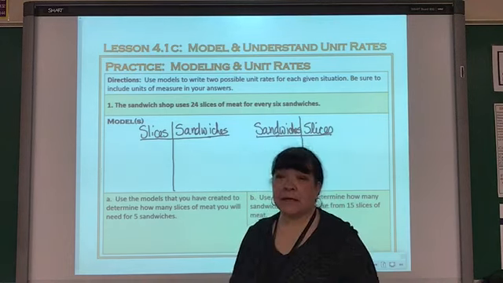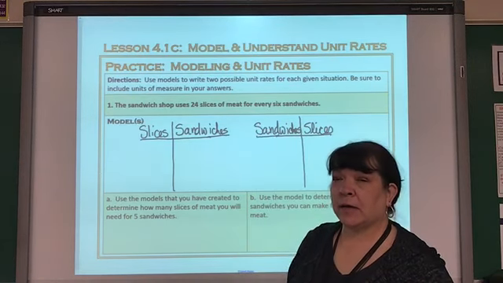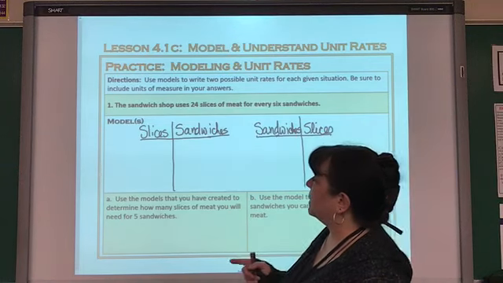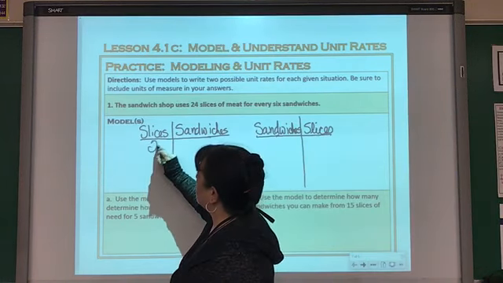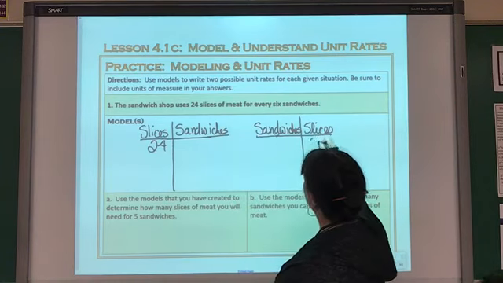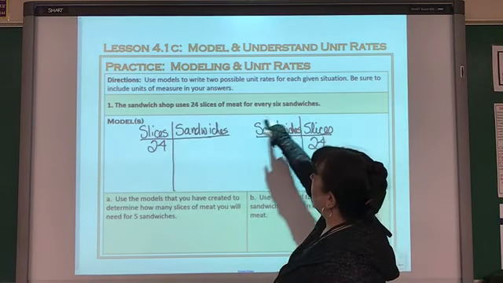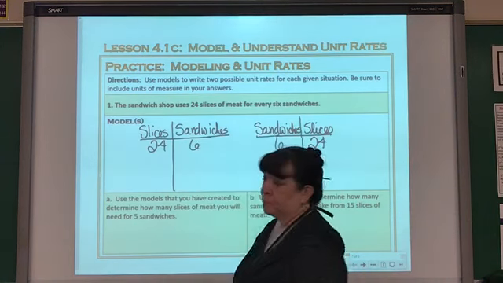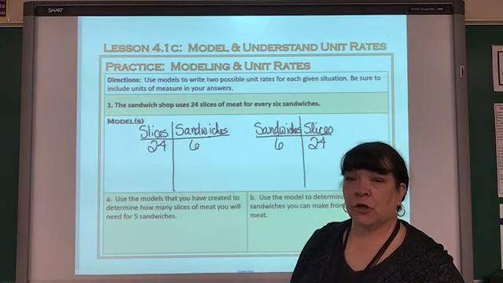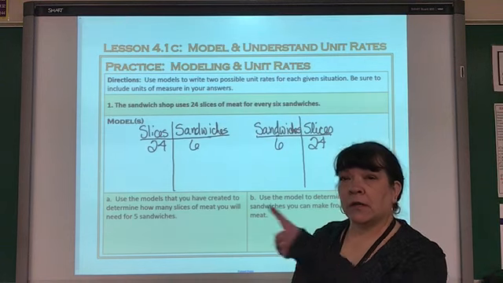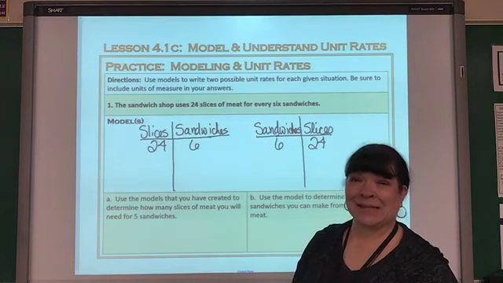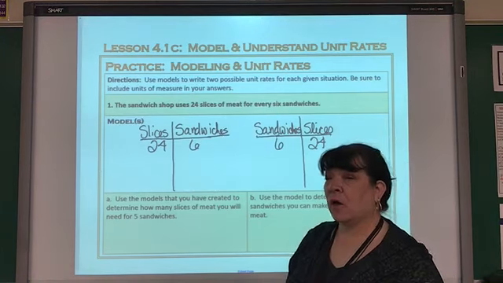Now when we look at this, we're just going to categorize each of our number values. It says 24 slices of meat. So under slices, I'm going to put 24 on each one of them, and 6 sandwiches, I'm going to put 6 under each one. When we are looking for a unit rate, we want our first column, or what's typically called our X value column, to be a 1.